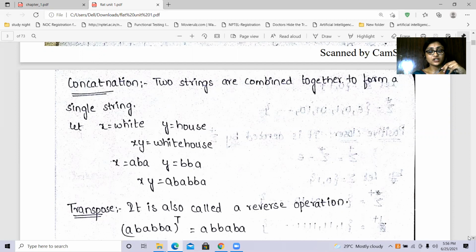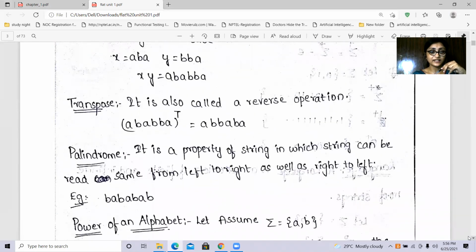The next operation that we can perform on the string is transpose. It is also called the reverse operation. It is nothing but reversing our string. Let us consider the string ABABBA. Let us see how the reversal happens. Here, the last part A will come first.